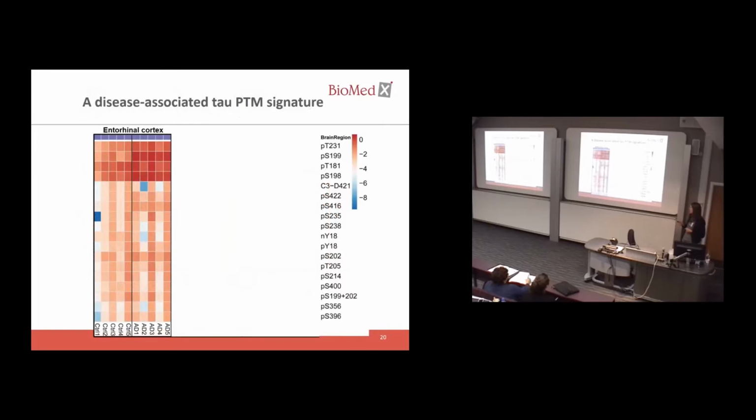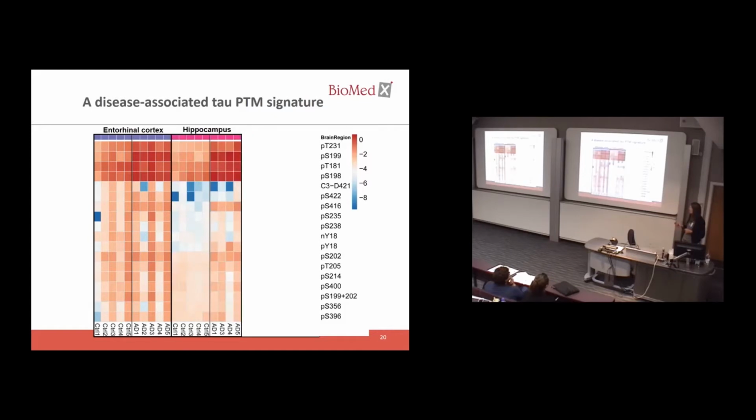And we generated heat maps, and you can immediately appreciate that some antibodies actually give us a very strong signal. And I'm always, in Alzheimer's meetings, people always ask, oh, that means there's a lot of the PTM there. And I always have to say, well, it also depends on the affinity of the antibody. So we cannot really tell which one it is, other than we get a strong signal.